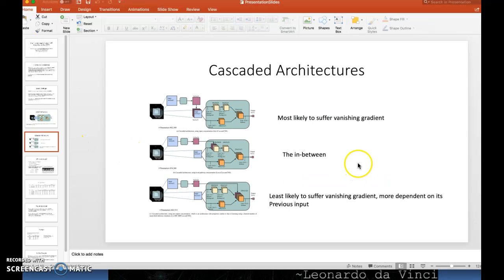Such a system can be hybridized with a hierarchical system where the first one is we're just taking the input right into the two-path system. The very last one is we're giving the very last input a lot of weight, almost like this is sequential data, and the second one is in between.